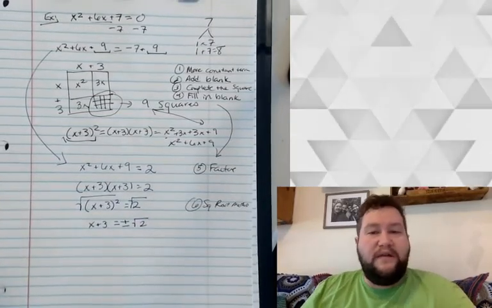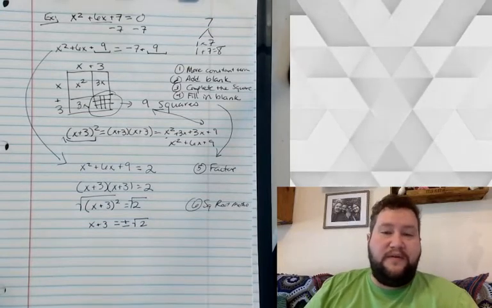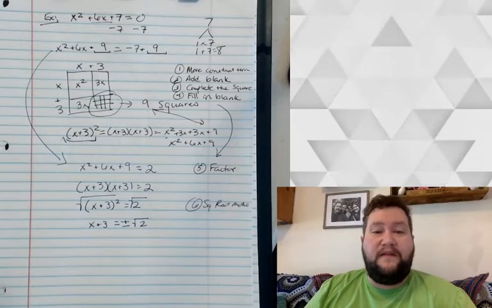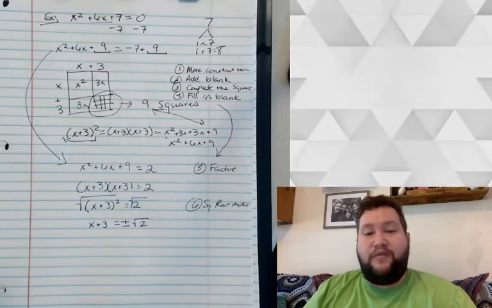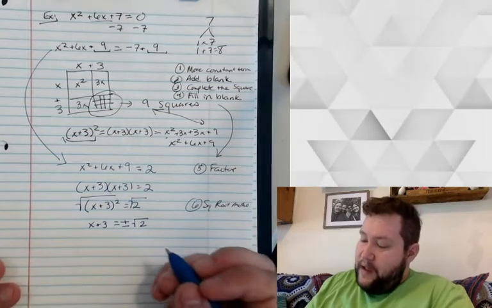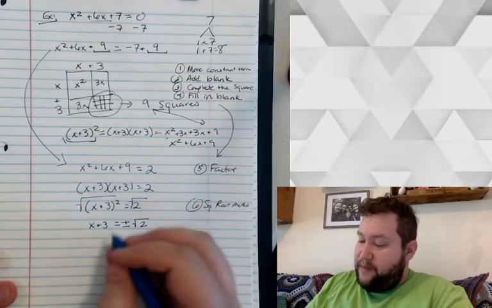And I'm just going to write it as the square root of 2 because if you put that into your calculator, you're going to get an irrational decimal, which means that it never terminates or repeats. And instead of introducing some sort of rounding error, we're just going to leave it as the square root of 2. And then we can subtract a 3 from both sides.